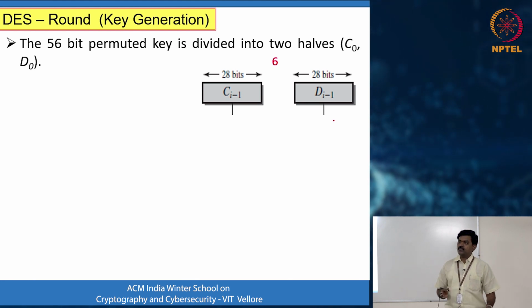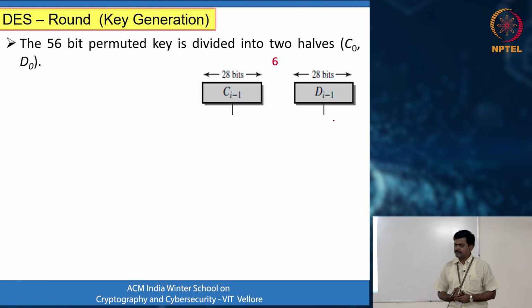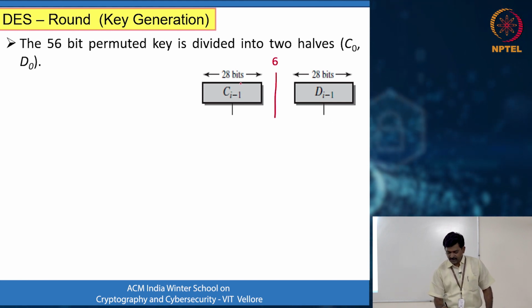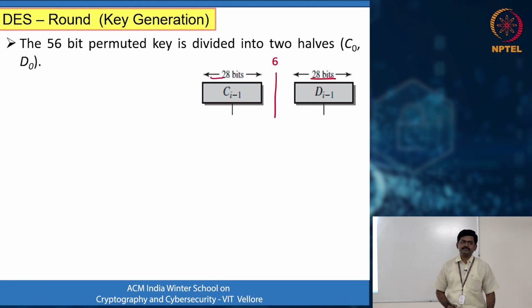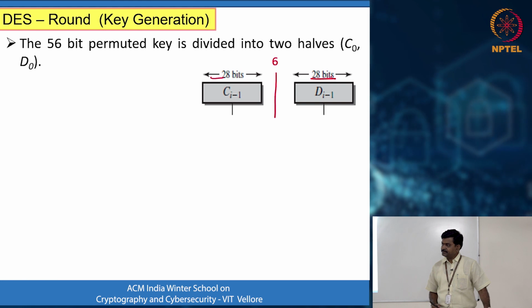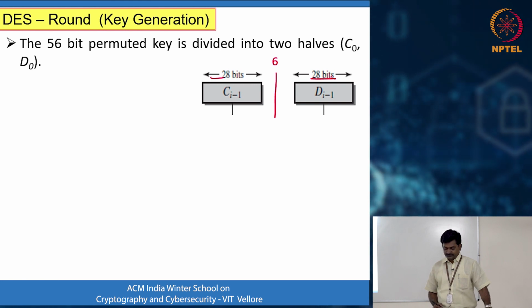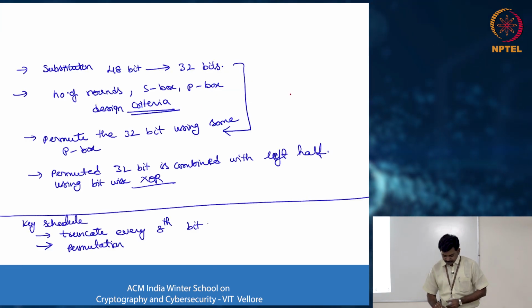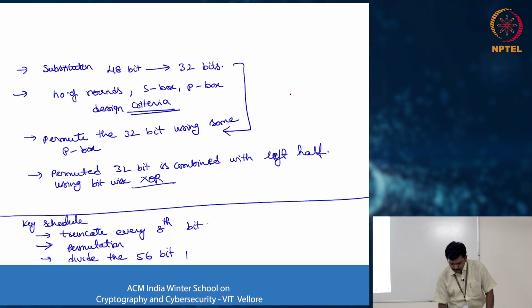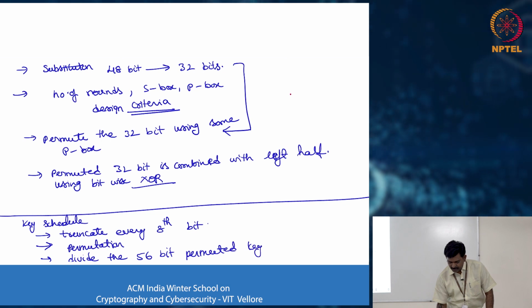Once you permute this 56-bit key, it gets divided into two halves, 28-bit and 28-bit. What is the next step? So divide the 56-bit permuted key into two halves.